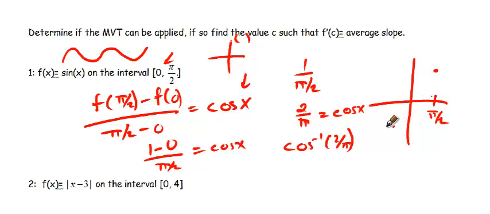And so our sine function, which looks something like this, right? If we found the average slope, the secant line here, it's the best I can draw it. Somewhere at about 0.88, there's going to be a tangent line where the two slopes are exactly the same. That's what the mean value theorem is saying.